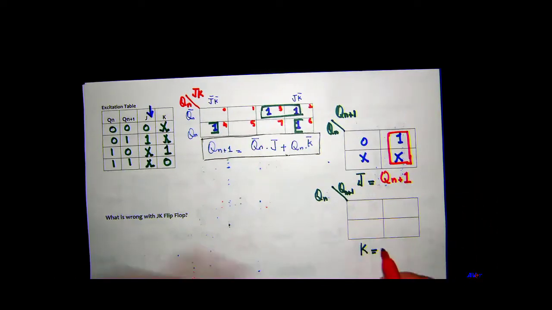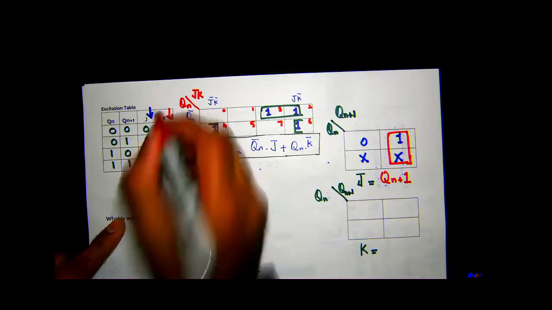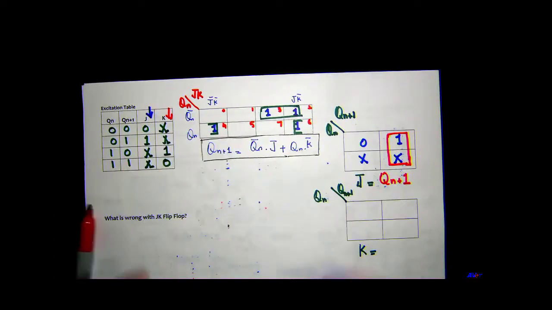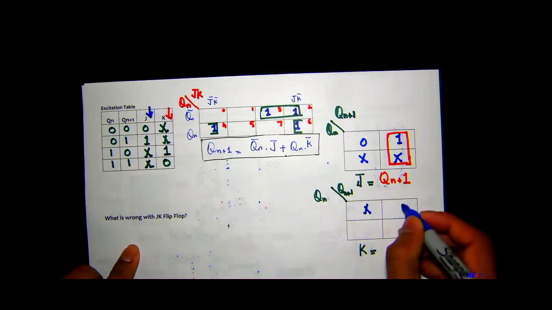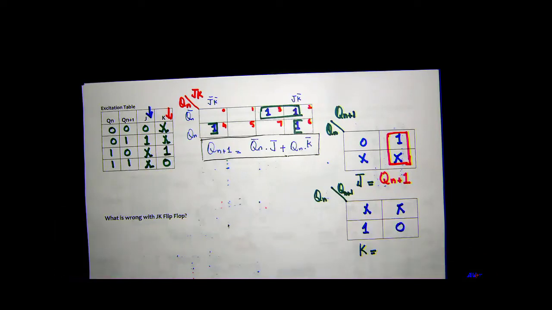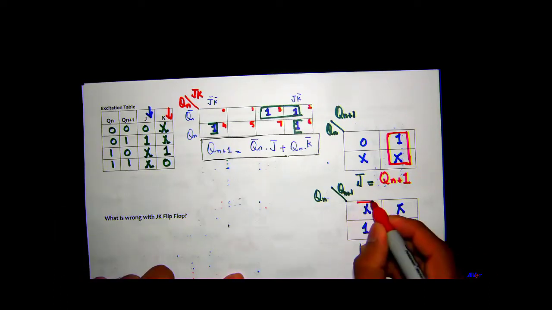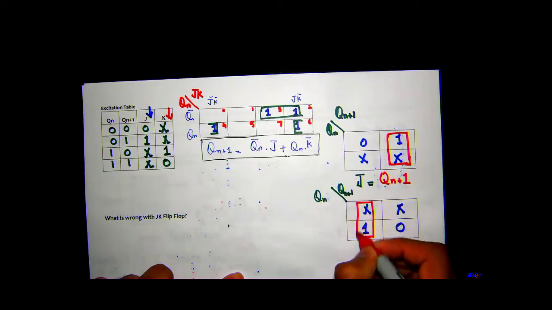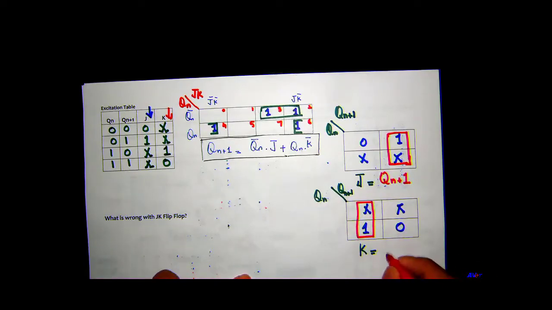Okay, for K, we look at this column right here. So we got X here, we got 1 here, and we got 0 here. So we will make this pair right here, which would mean K is equal to Qn plus 1 bar on the whole thing.